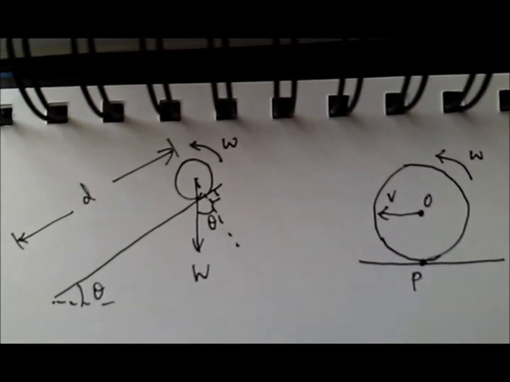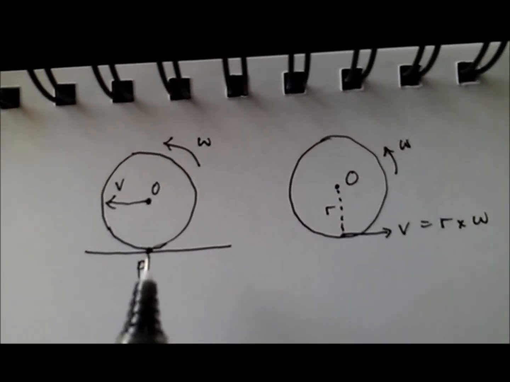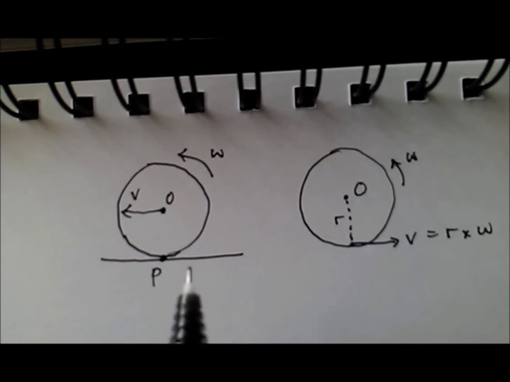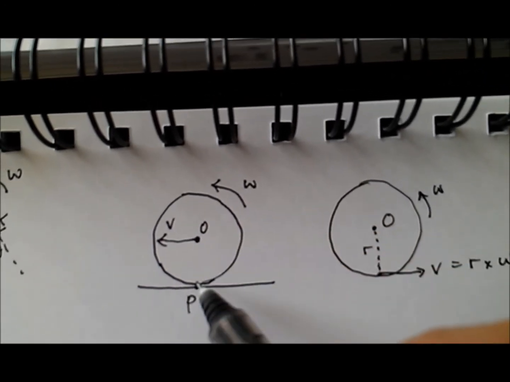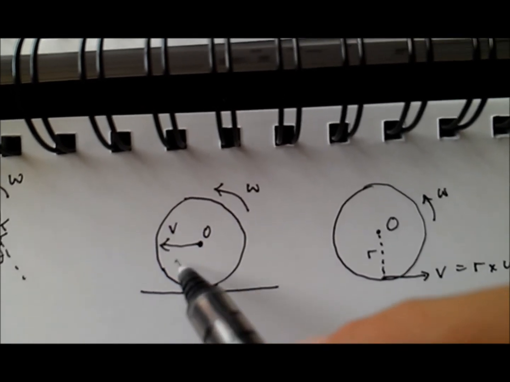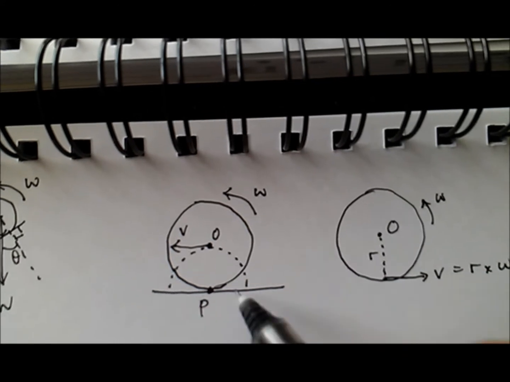So if you go back to the picture and look at O from P, you will come to the same conclusion, because P is now the pivot and O is actually moving about P, right?